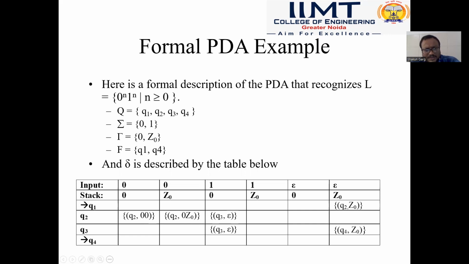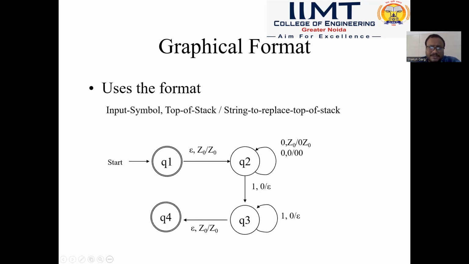Suppose the initial state is Q1 and we are getting null, then we are moving to Q2, Z. This is a tabular representation of the PDA. This is the graphical representation of a PDA. The starting state is Q1 and the final state is Q4.